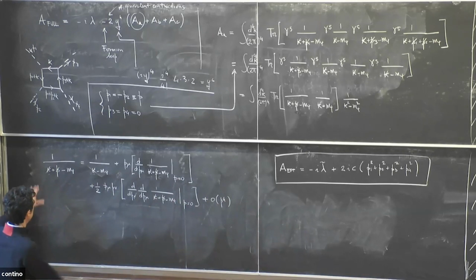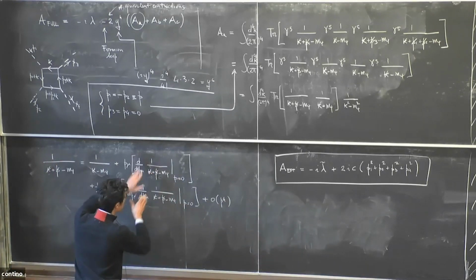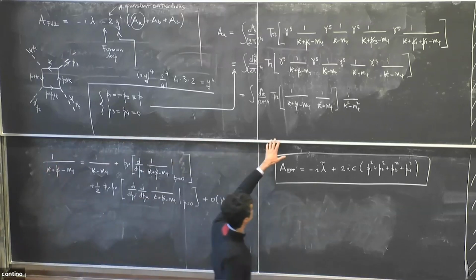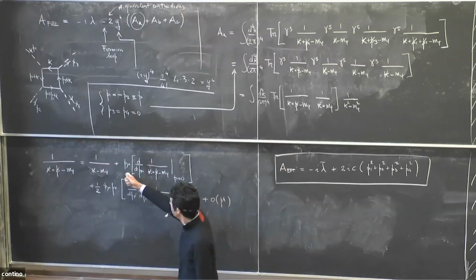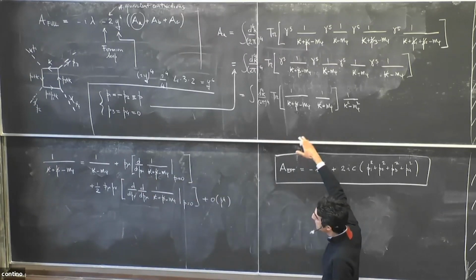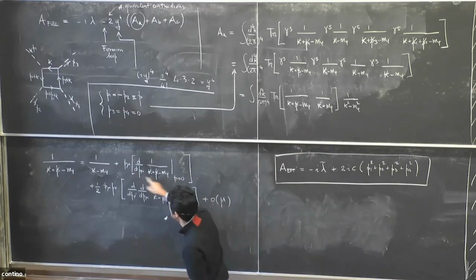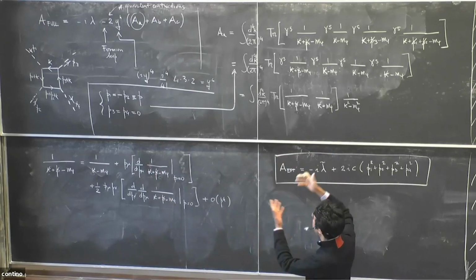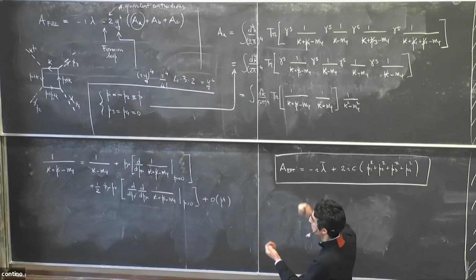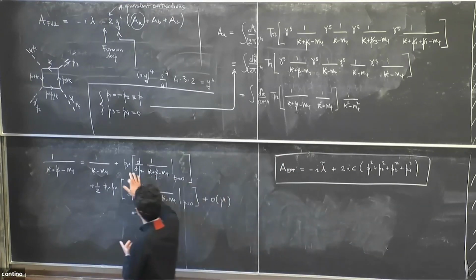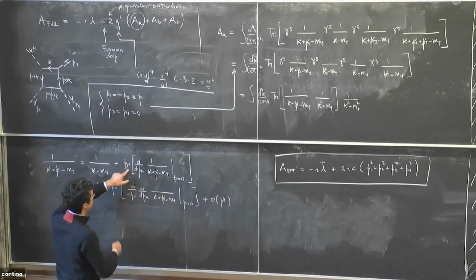Now we need to compute these derivatives, but first notice that once you plug this into the integral, the term which is linear in p will vanish, because you cannot have a term in the amplitude which is linear in p mu. It will not be Lorentz invariant, and you will not be able to contract this index with some tensor.